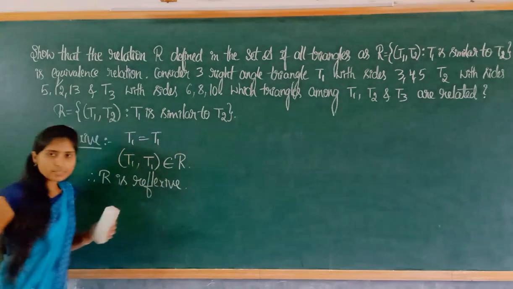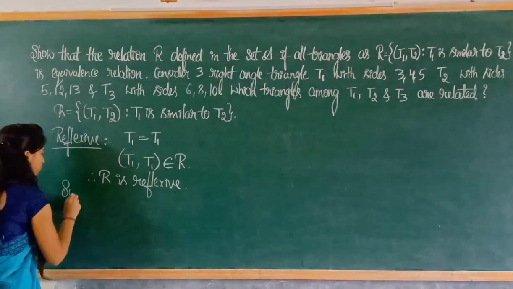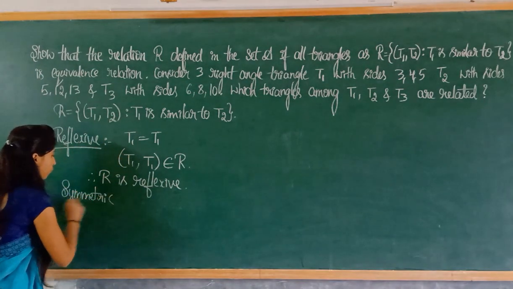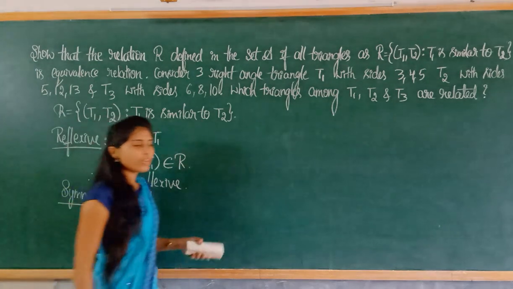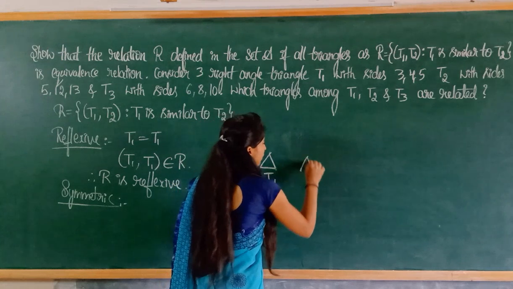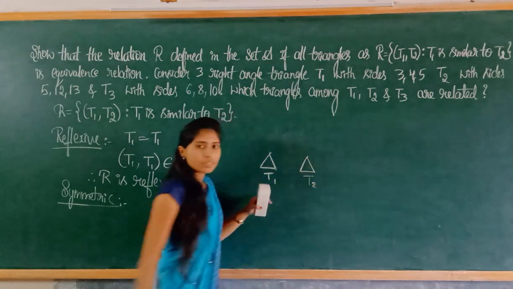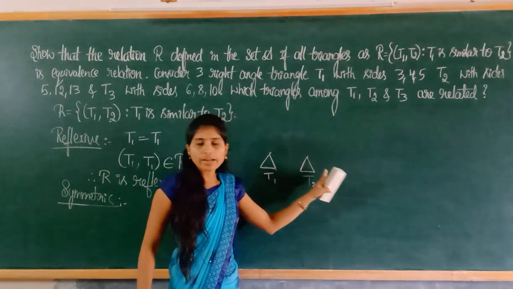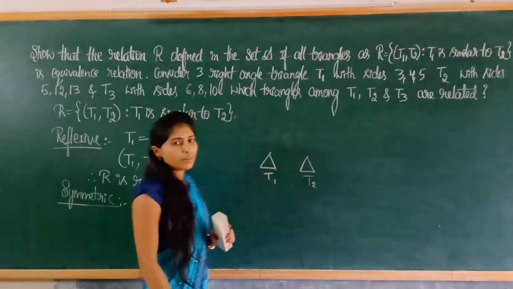The next is symmetric. For symmetric, if triangle T1 is similar to triangle T2, then of course triangle T2 is also similar to triangle T1.